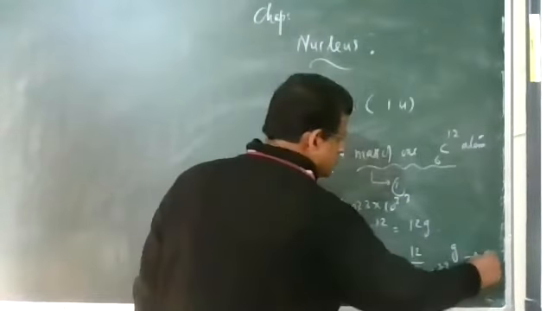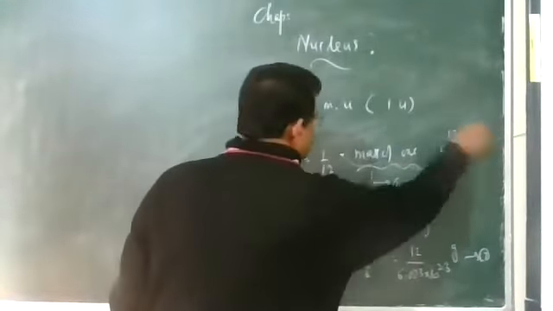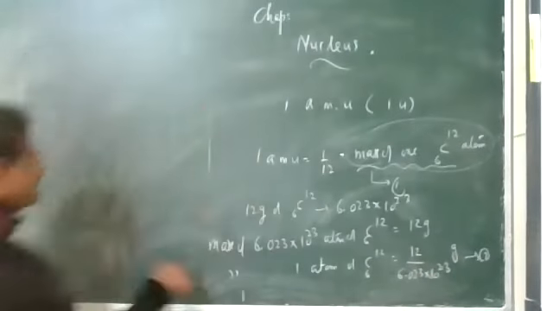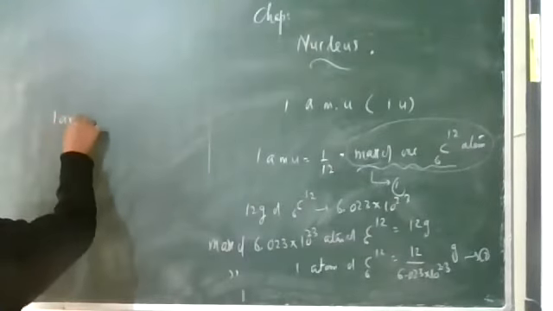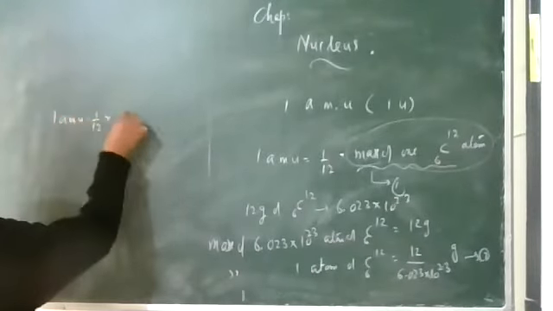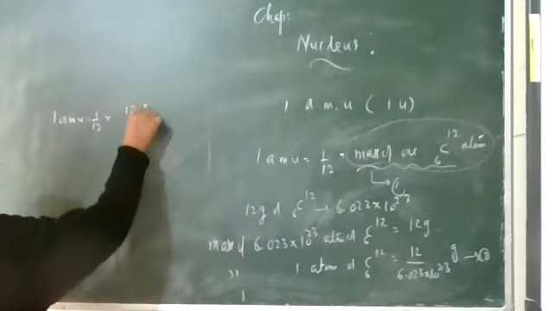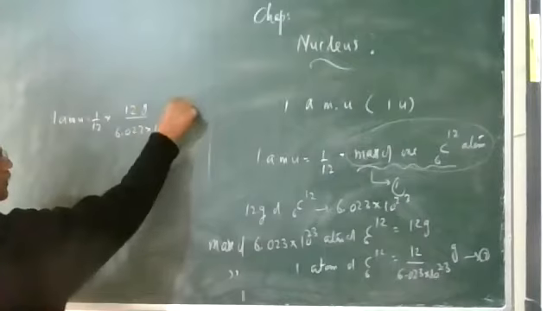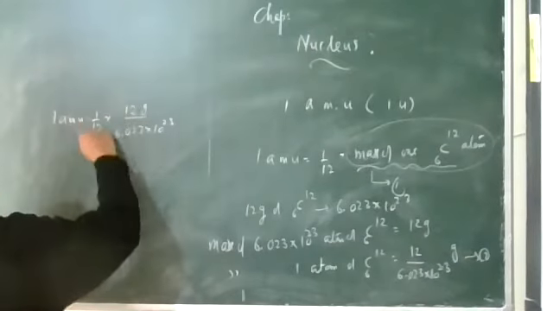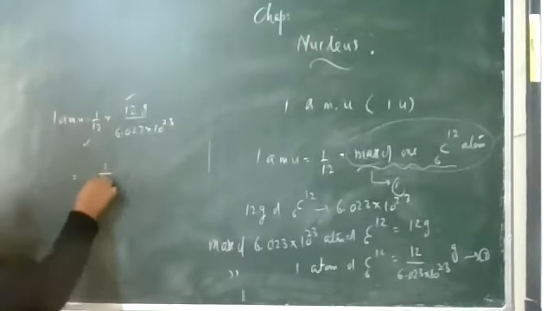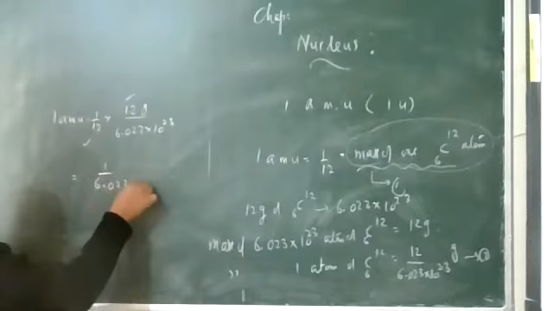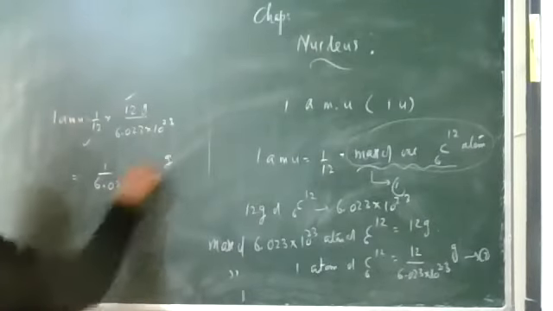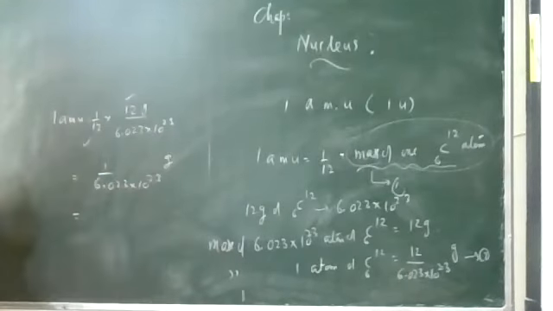Equation number 2. So, instead of the mass of one C-12 atom, one atomic mass unit is equal to 1 by 12 times 12 grams divided by 6.023 times 10 to the power 23. The 12 cancels, and we get 1 upon 6.023 times 10 to the power 23.